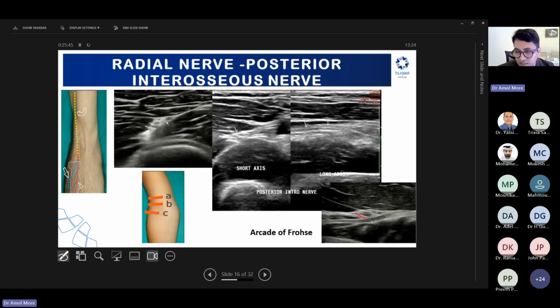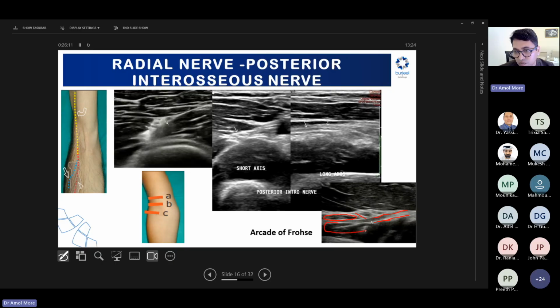So once the radial nerve divides into two parts, the superficial cutaneous part and the deep posterior interosseous part, this is the posterior interosseous nerve which is entering the two heads of the supinator. This is the superficial part of the supinator.